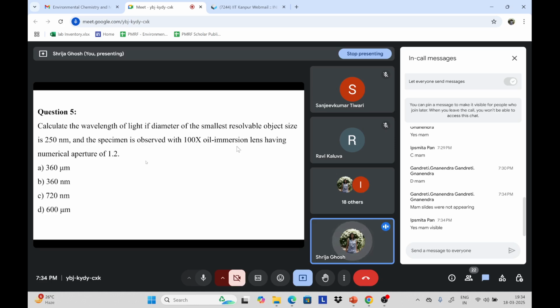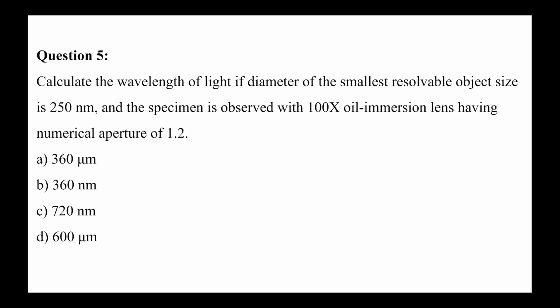Anyone knows the answer or knows how to solve this? Otherwise, I'll tell you the formula and I would request you to solve it on your own first. So resolution is equal to the wavelength divided by 2 times numerical aperture.